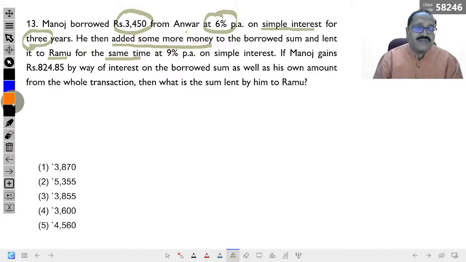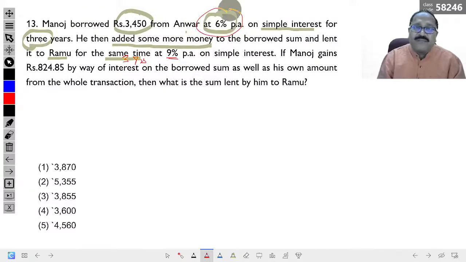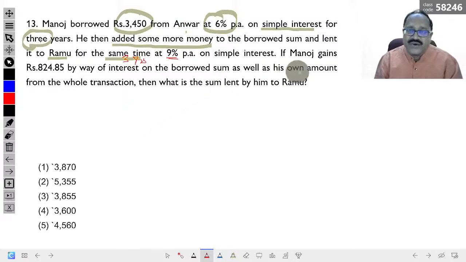What is the time? 3 years is there. So when you say same time, it is also for the same 3 years, at 9% per annum. He took from Anwar at 6% per annum, but is lending the same money at 9% per annum. So he will be getting a margin of 3%.